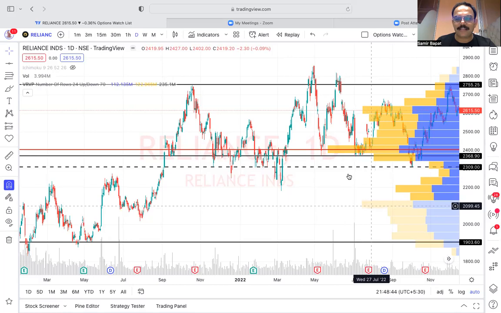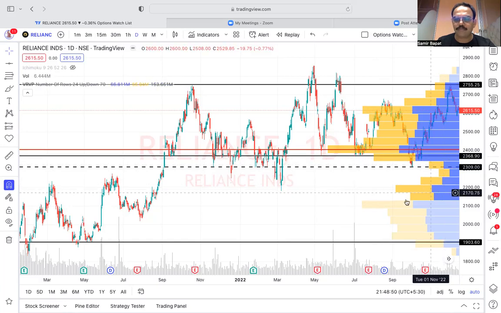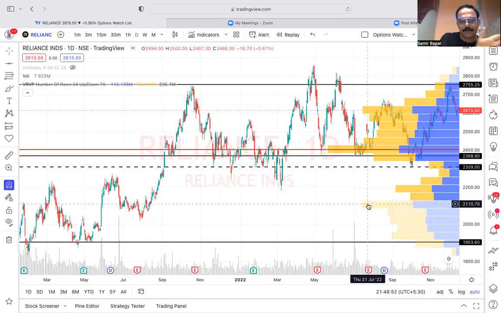Why I am taking this profile is that between this bar and this bar, the volume goes down. As soon as it comes to this level, previously when it was at this level, there was a lot of demand. So we can say around 2100 is a demand zone. It will not be exactly the 2100 point.